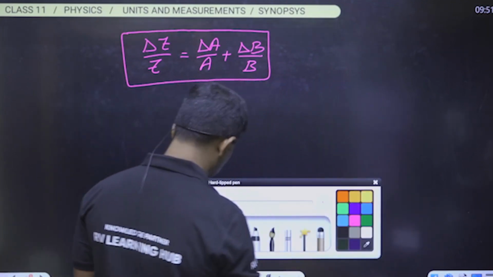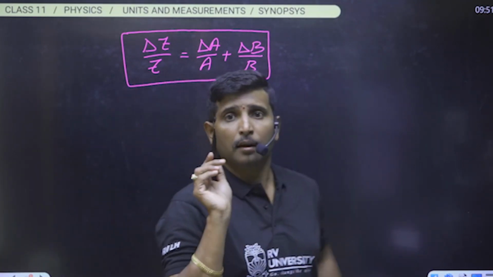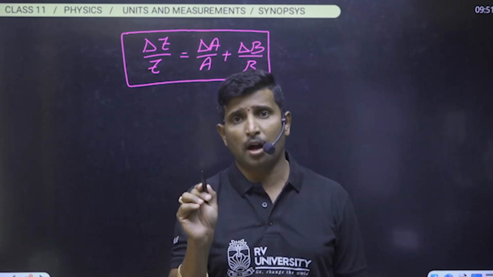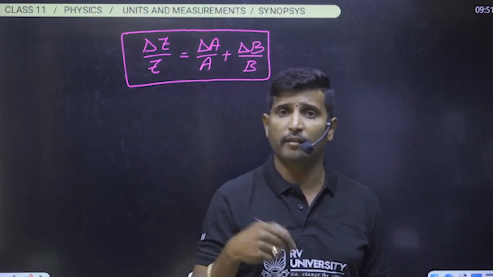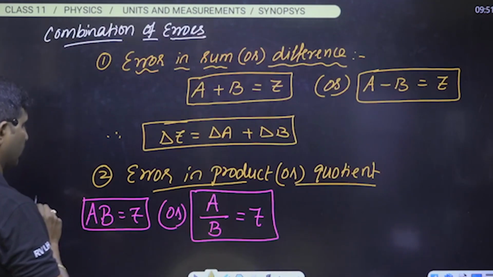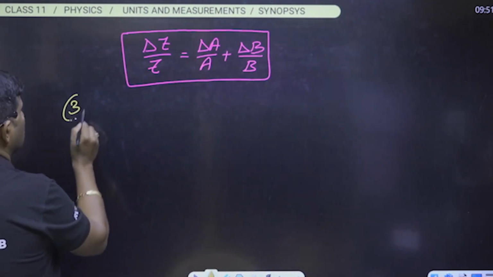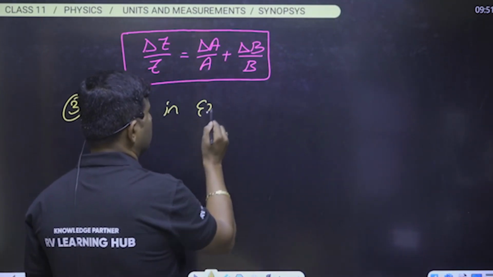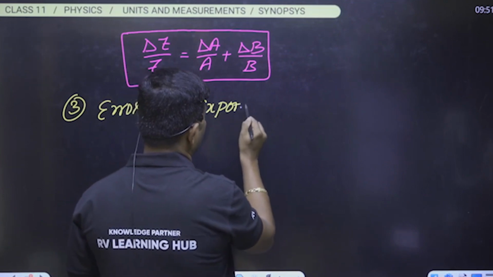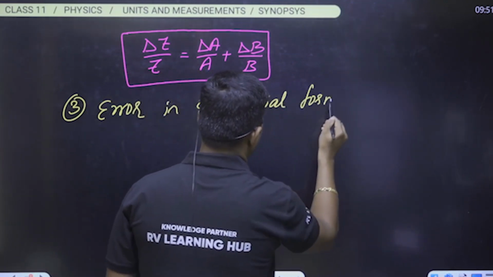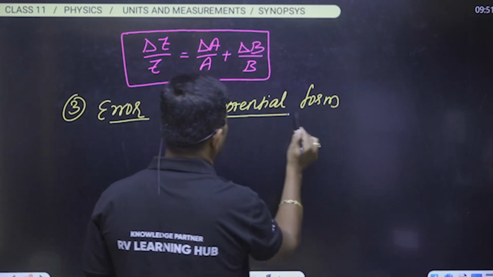That is, the relative error in the product or quotient is equal to the sum of the relative errors in the individual quantities. And later we go with the error in exponential form. It is very, very important.